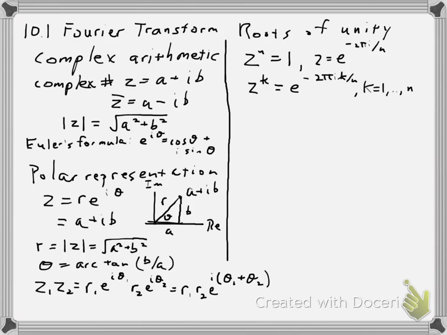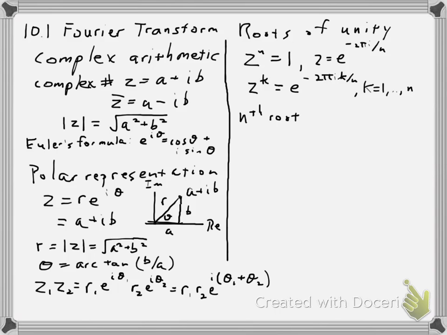Now if we consider z equals e to the minus 2 pi i over n, this is what's called a primitive root of unity. So now I'll discuss what it means for a root to be primitive.